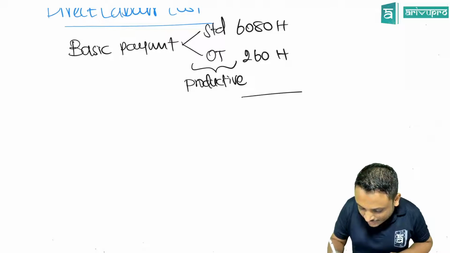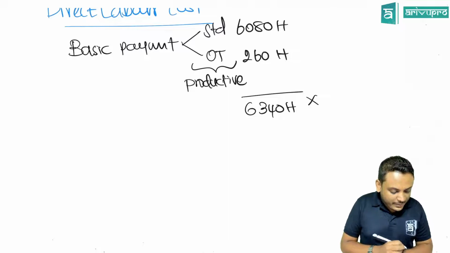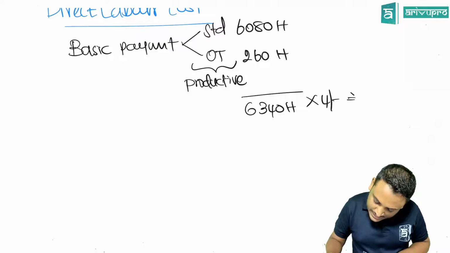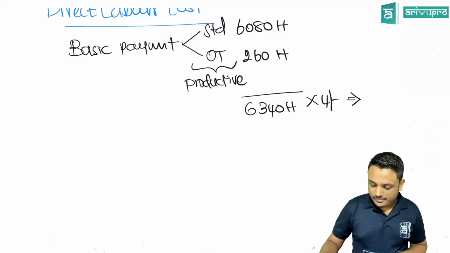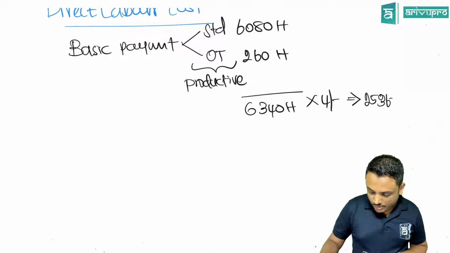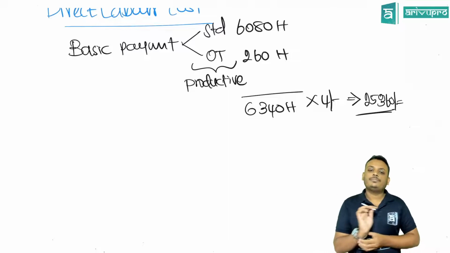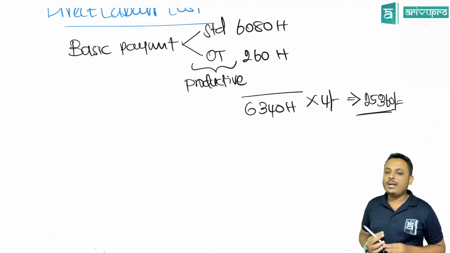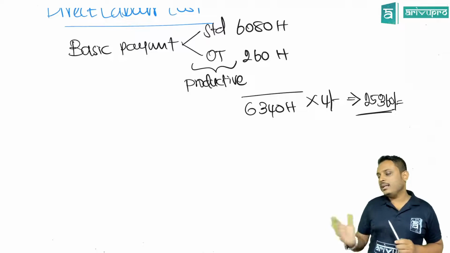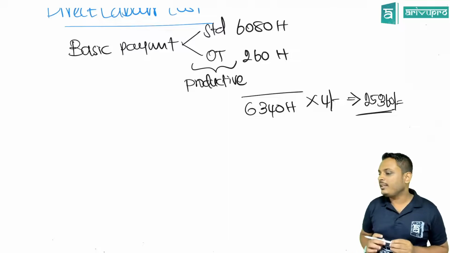So total hours: 6,340 hours multiplied by the basic rate of 4. Standard 6,080 hours, productive overtime 260 hours. So the direct labor cost is 6,340 hours into 4 equals 25,360.